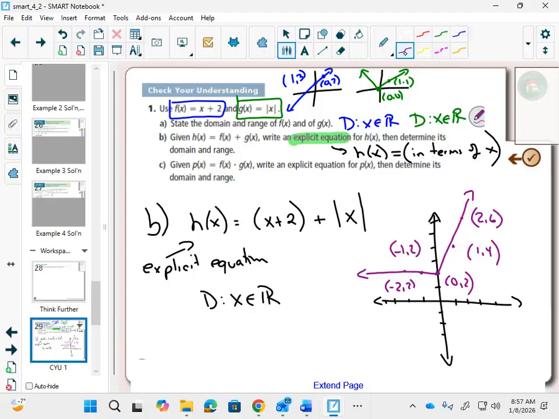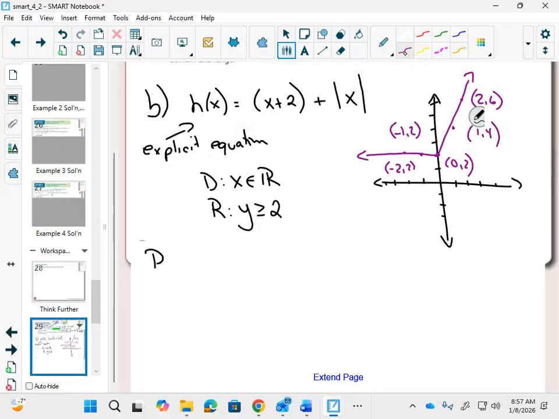Okay? So I'm going to show you how we can get, by the way, as a result from the graphs, our range is bigger than or equal to 2. But algebraically, in order to solve this, we have to get introduced to something new.